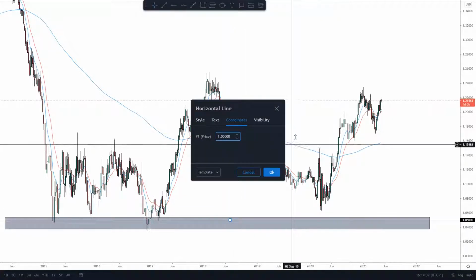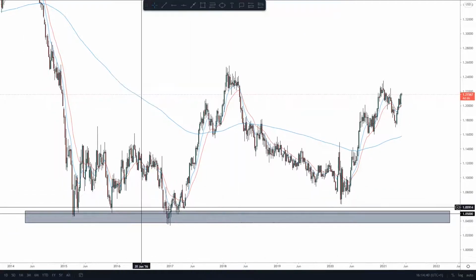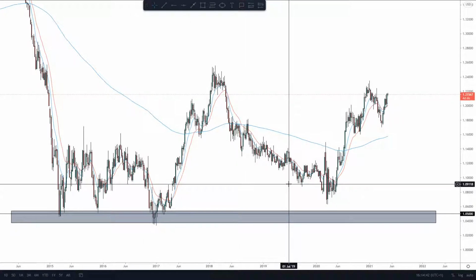So if we could square that off and make it a round key level, then it's easier to identify when it comes to breaking down the analysis and coming back to the chart in the future. 1.0500 is easier to remember than a bunch of other random numbers.